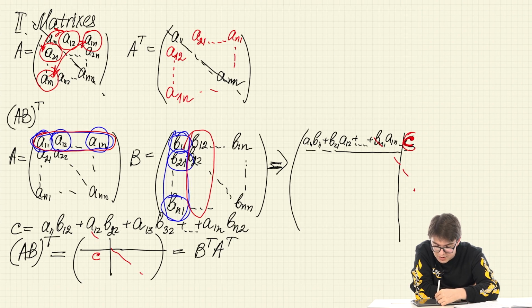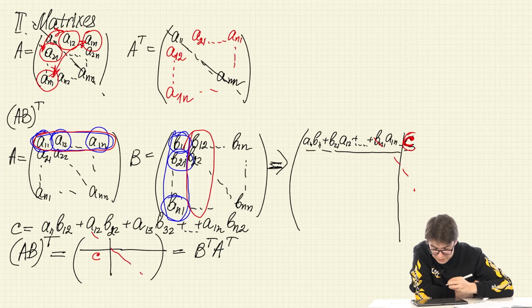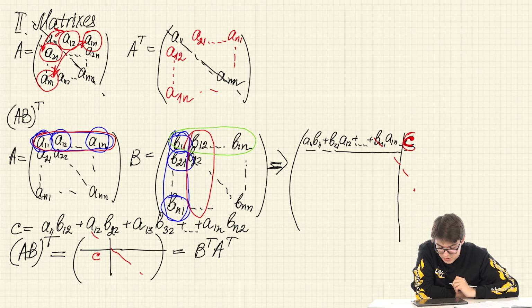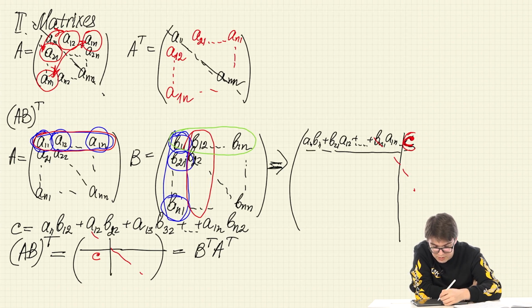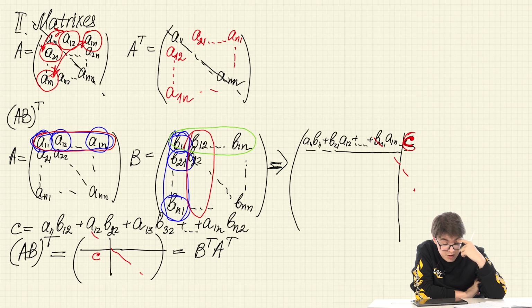You see that for B transposed, the first string of the B matrix becomes the first column, and on the contrary, the first column becomes the first string, so the strings and the columns are interchanging.